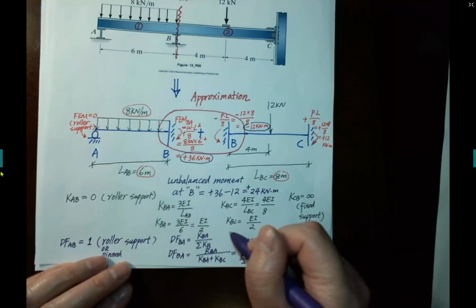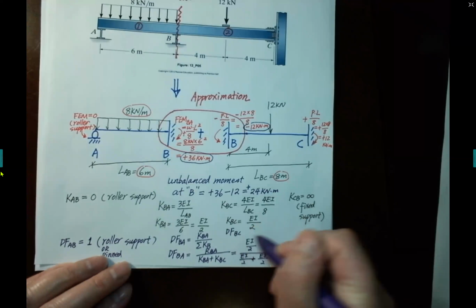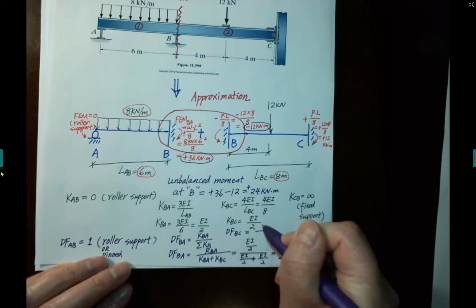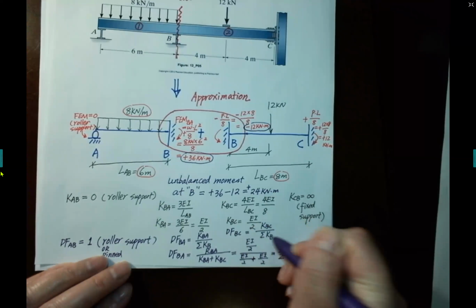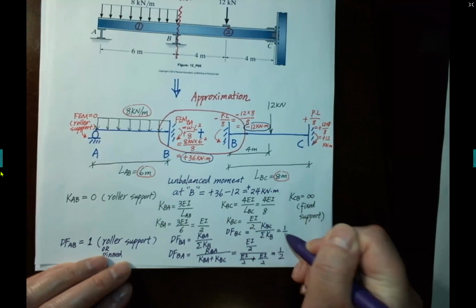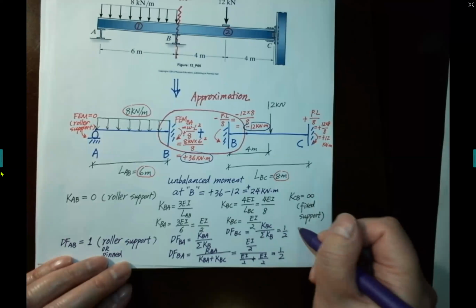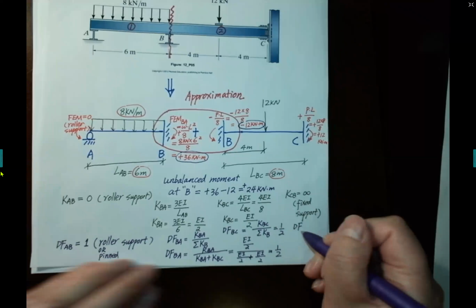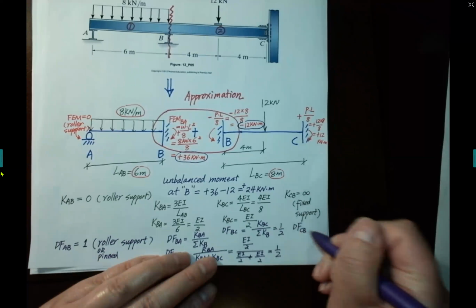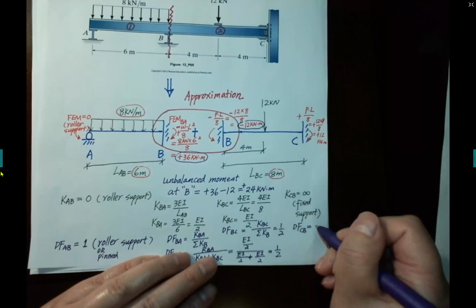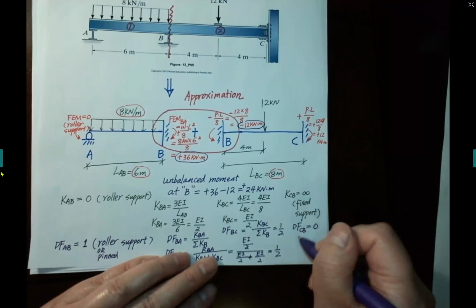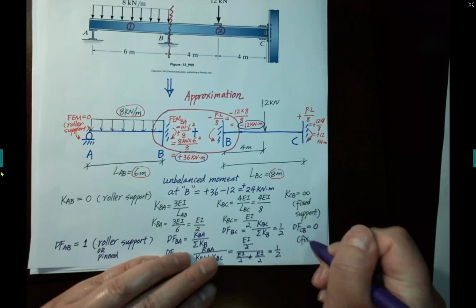And also, distribution factor for BC equals KBC over total stiffness at B, then equals 1/2 as well. And for distribution factor at C equals 0 because it's a fixed support.